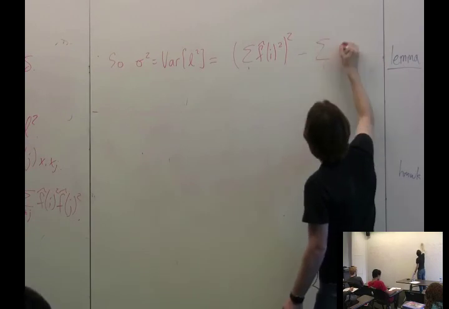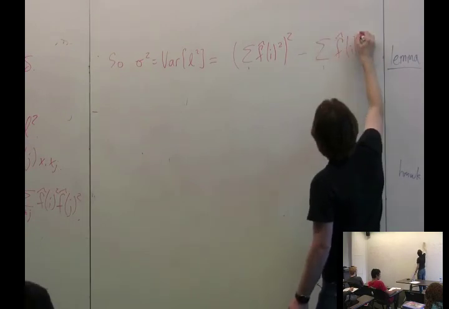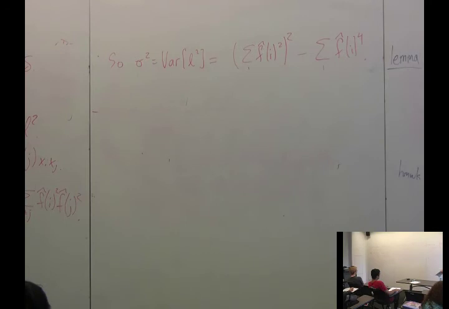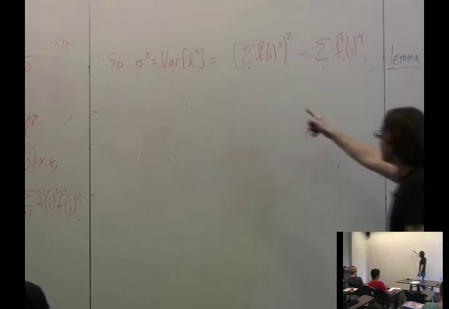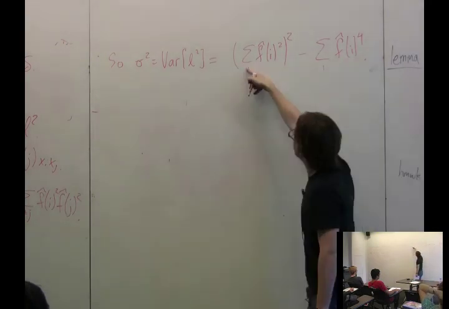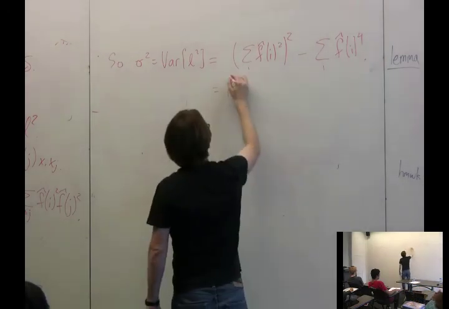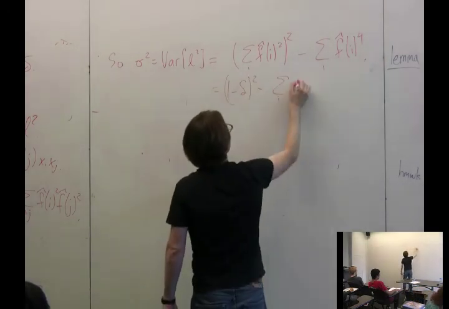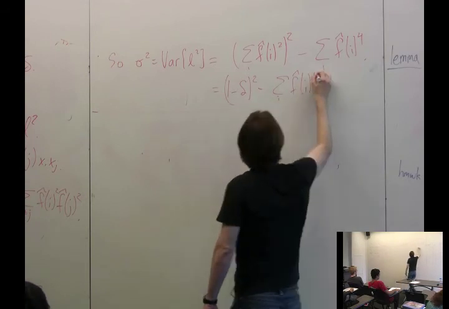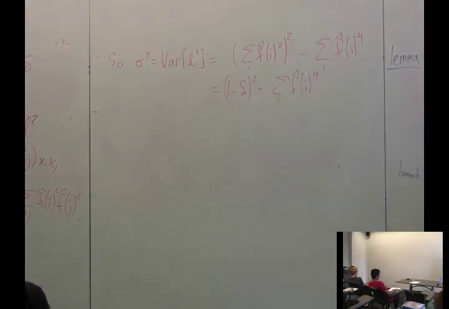So you need to subtract off the sum of f hat I to the 4th. And again, by hypothesis, this is 1 minus delta, the sum of f hat I squared. So this is 1 minus delta squared minus the sum of the 4th powers of the degree 1 Fourier coefficients.